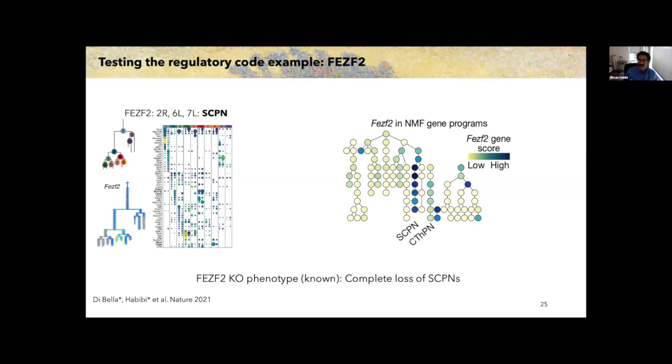I think single cell technologies enable us to rapidly phenotype mutants in an unbiased manner and look at the specific identity and characterize what will be generated after a gene or a set of genes gets mutated or knocked out. So to test this, we used FEZF2 because FEZF2 came up several times during our analysis.